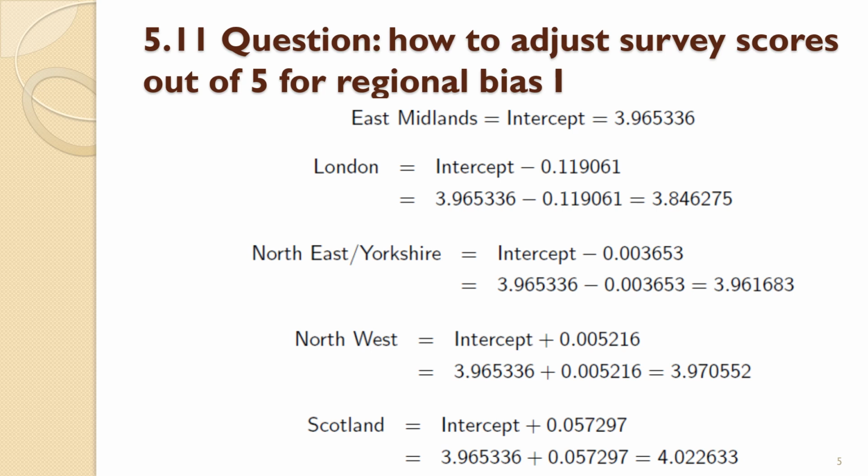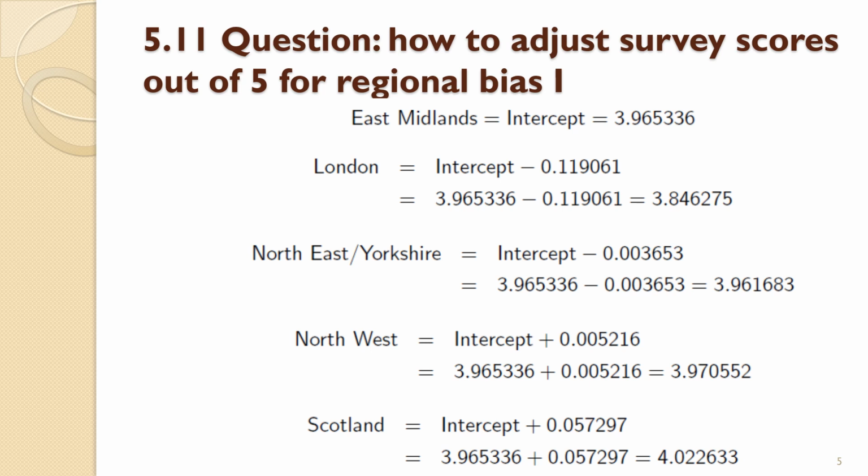For the Northwest, it's the intercept, and then in this case plus the adjustment factor 0.005216, and for Scotland, the intercept plus the adjustment factor here of 0.057297.